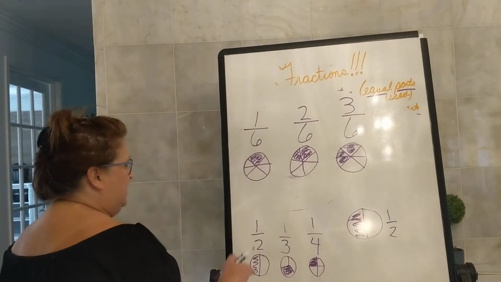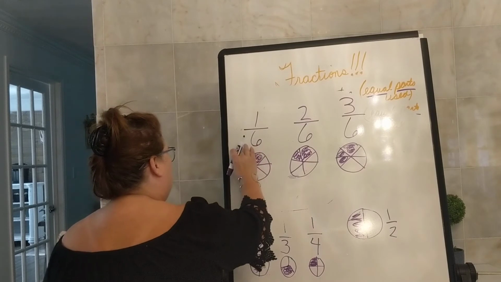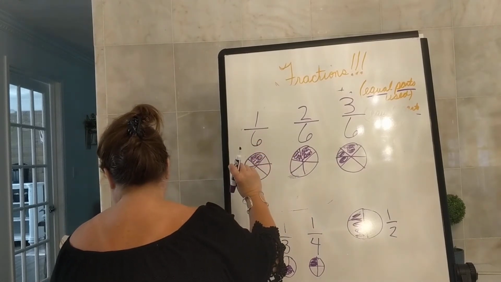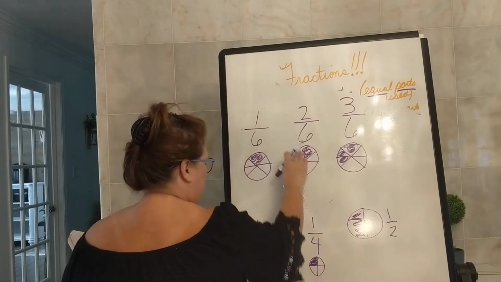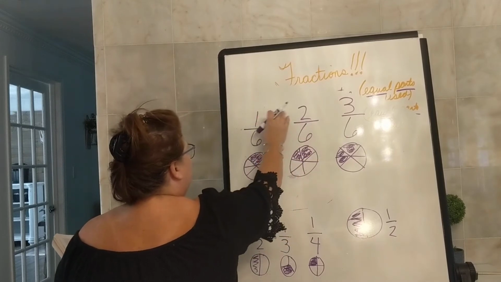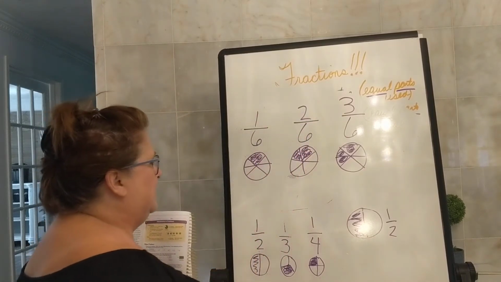The fractions increase in size. Okay? So when the denominator remains the same, see down here the denominator changed. When the denominator remains the same, the numerator increases, the fraction increases in size.